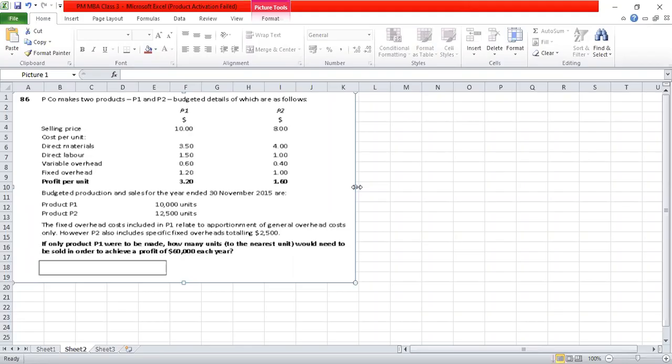Example of traceable fixed cost. Let's say there are two units in a factory. Both of them are carrying on the production activity. So there are two supervisors taking care of these two units. If there is a decision to discontinue one unit, two supervisors will not be needed.